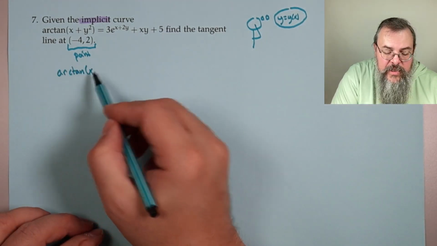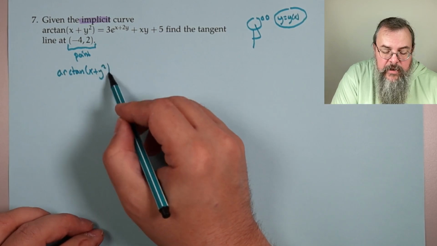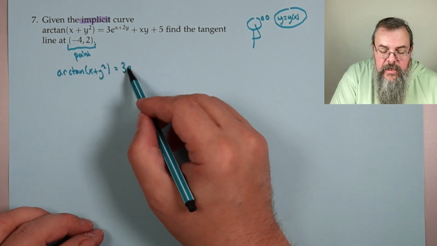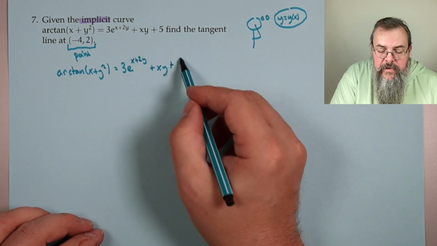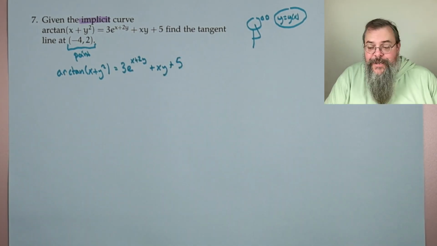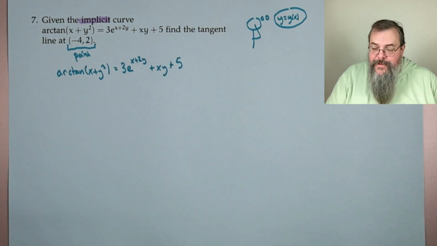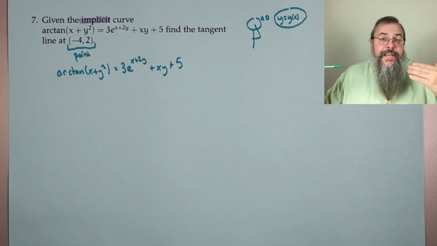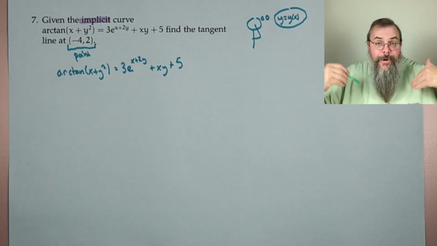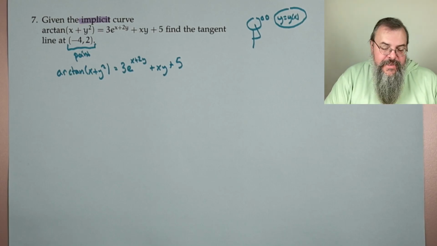Arctangent of (x plus y squared) equals 3e to the x plus 2y plus xy plus 5. I'm just copying it down. Now the derivative. We're taking the derivative of both sides with respect to x. That gives us dy/dx, y prime, that's our slope.